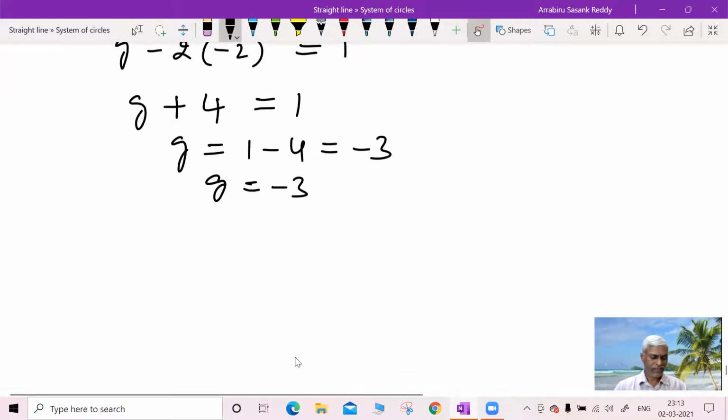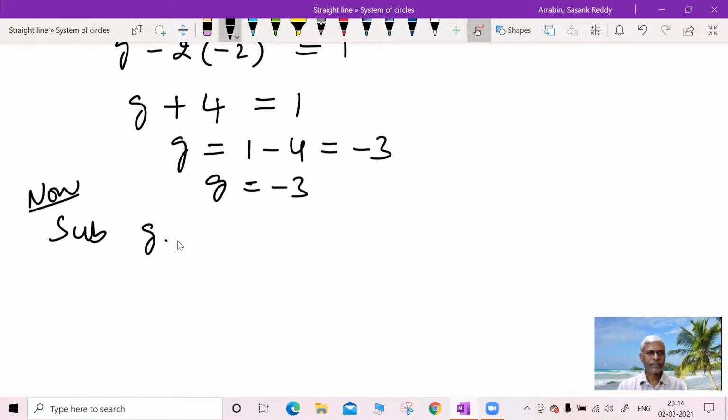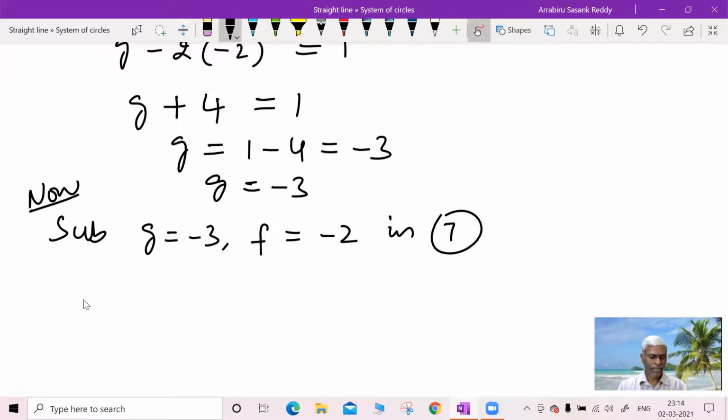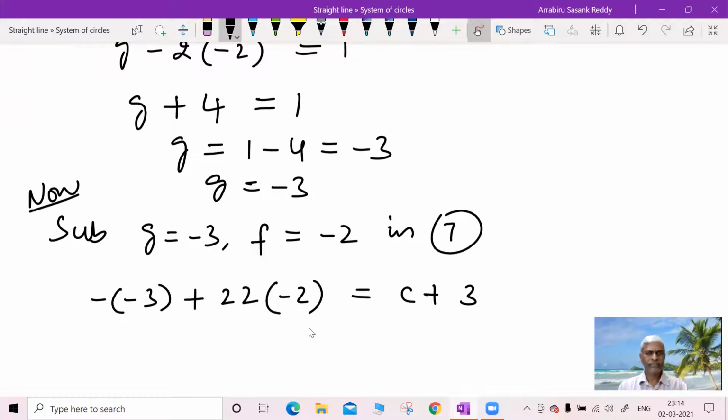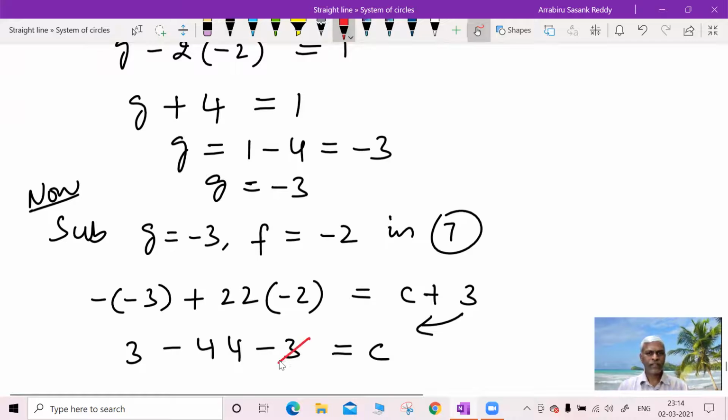Substituting G and F in the 7th equation. Substituting G value and F value in the 7th equation, that is minus G plus 22F is equal to C plus 3, plus 3 minus 44 and minus 3 is equal to C. Plus 3 minus 3 will get cancelled.